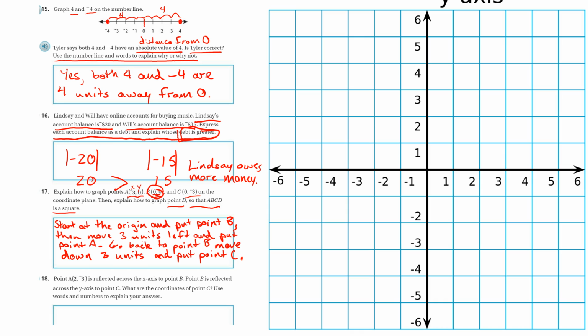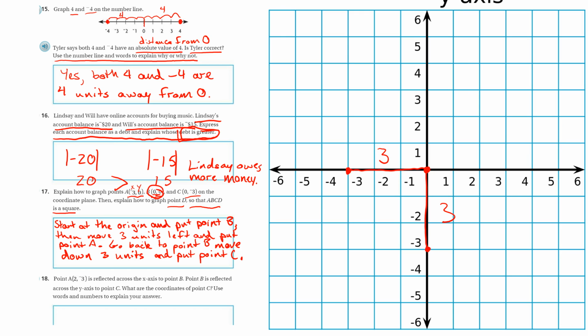Well, before I do that, I'm going to go ahead and follow my own directions and put these points on a graph. So here's 0, 0. Then -3, 0 is going to be right here. And then 0, -3 is going to be right here. So notice we have 3 by 3.